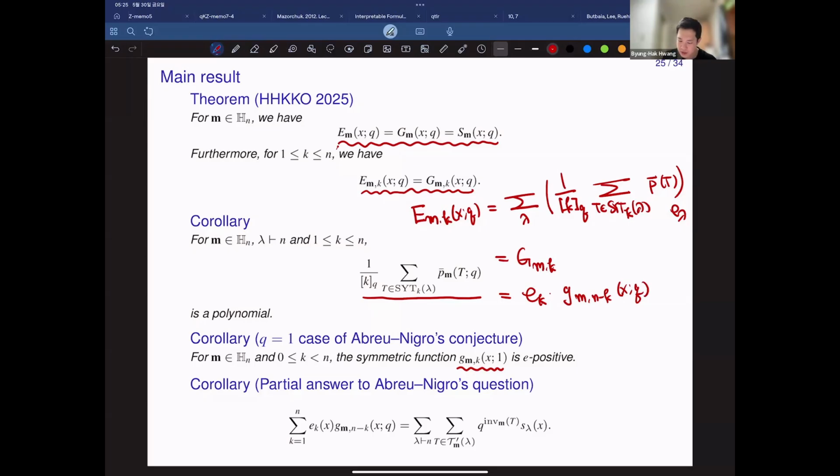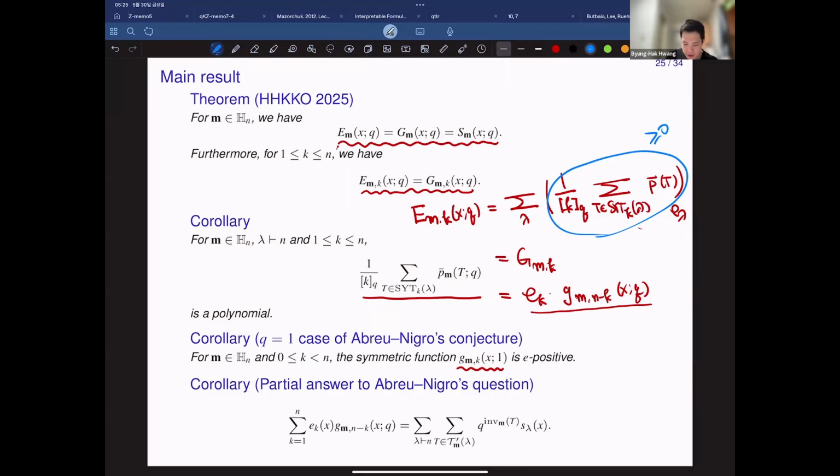Then when q equals 1, we have the e-positivity of this one, because this coefficient is always positive. So we have the answer to Abreu-Nigro's conjecture when q equals 1.